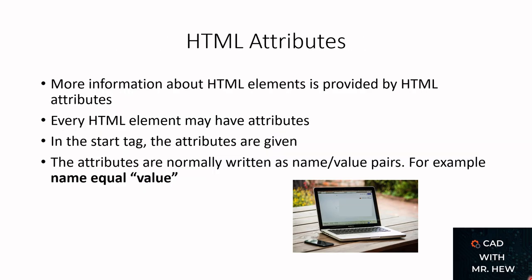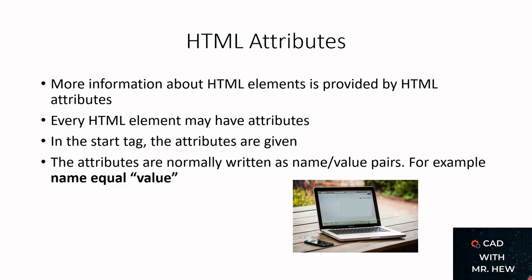Now let us look at HTML attributes. In the previous video, we looked at HTML elements and tags, and today we're going to provide some additional information for the HTML elements. More information about HTML elements is provided by HTML attributes.